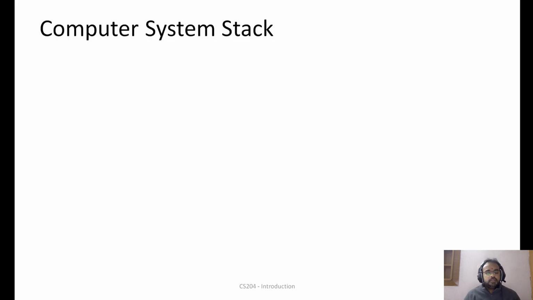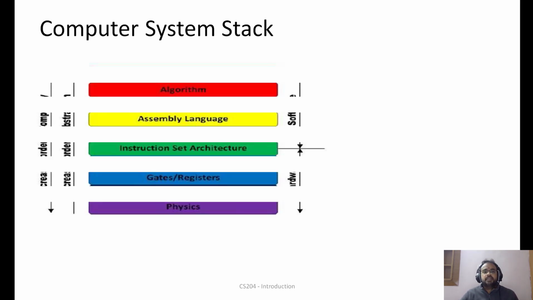So let's start with what's popularly called the computer system stack. I hope some of you have already seen this. Even those who haven't seen it yet, it's okay. As your computer systems related courses build up, you will get an entire overview of what the computer system stack is.